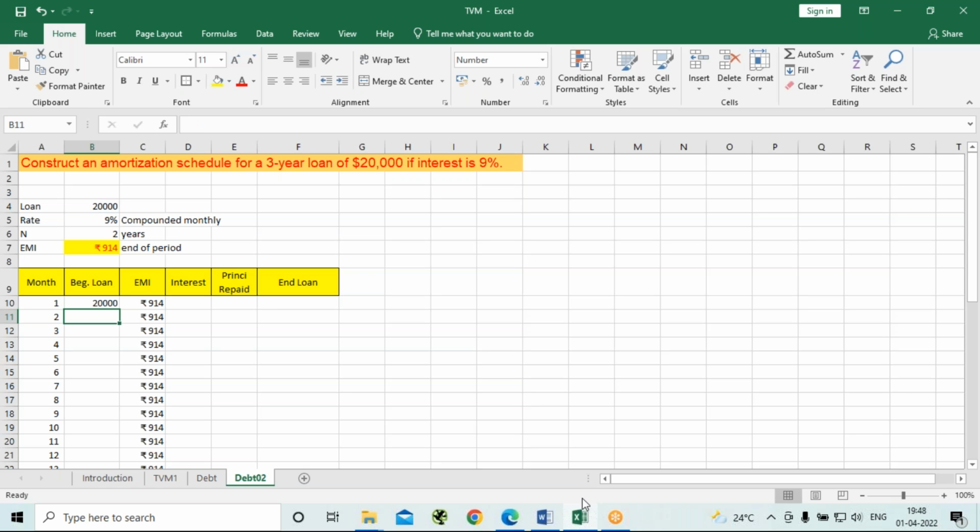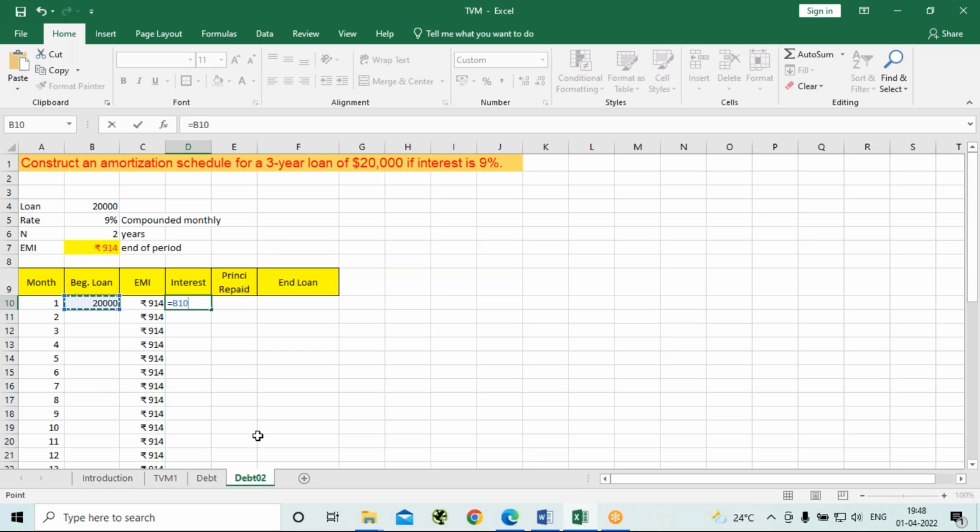Good. So the next calculation will be the interest value. That should be equals to B4. It's not B4, it should be B10. The beginning loan of that particular month.